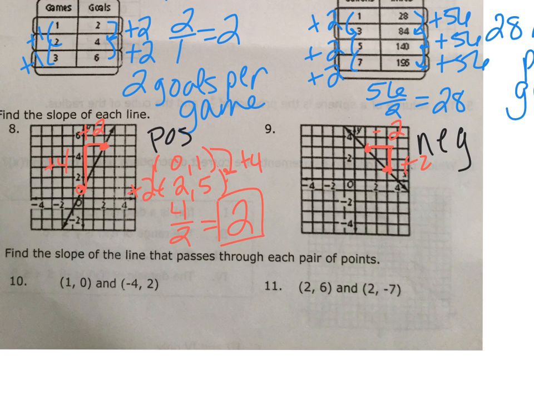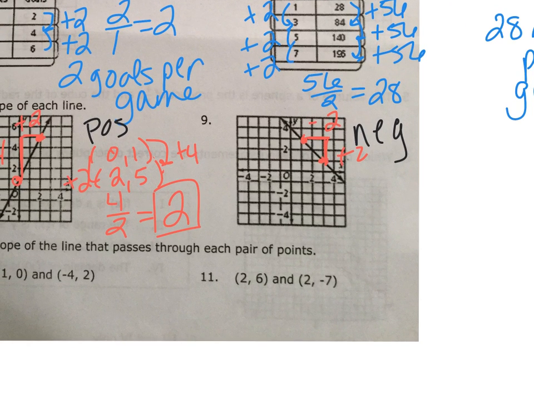Or you could pull your points off your graph and look at them like in a table. I have 3, 1, and I have 1, 3. So change in Y is plus 2, change in X is minus 2. So 2 over negative 2 gives me negative 1.